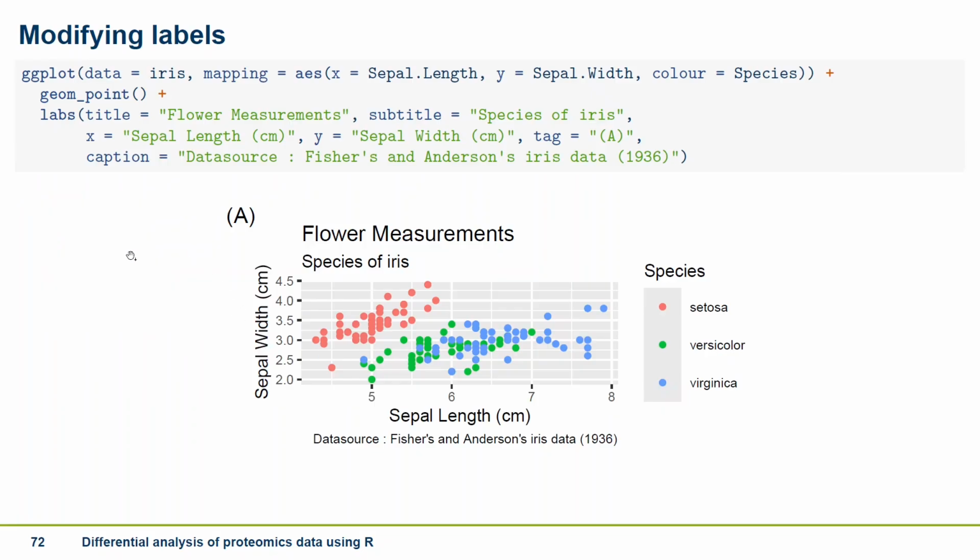If you want to modify labels, you can use the labs function, which allows a lot. For example, changing the title, the subtitle, the x and y axis titles, tags. You see here this an A. This may come in handy if you want to combine different plots with each other. And it can also have a caption, which is then below this plot here. So you have a lot of options within this labs function.